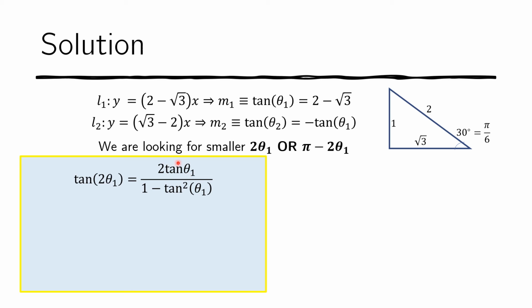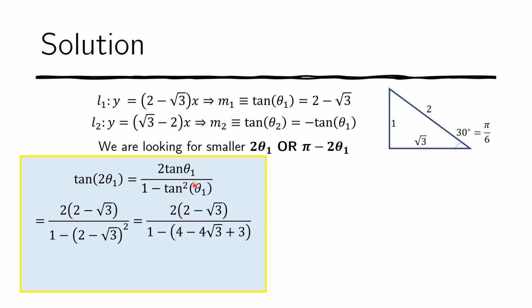And we use this because we know this tangent here. So we replace this with the value 2 minus square root of 3. We replace that and we get this.